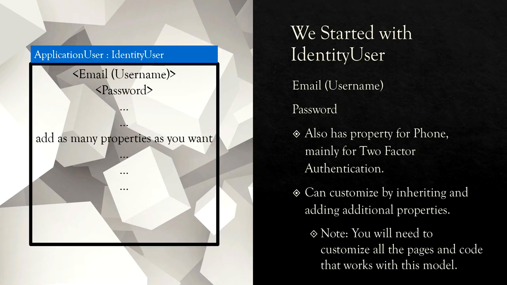Well, what you can do, the system was designed from the beginning to be highly customizable, but the approach that is encouraged is you would actually create your own application user, for example. That's a common name used in many tutorials, class that inherits from identity user, right? So you get all the good unique identifier, the email, the password, and so on from identity user, but you can add as many properties as you need, right?